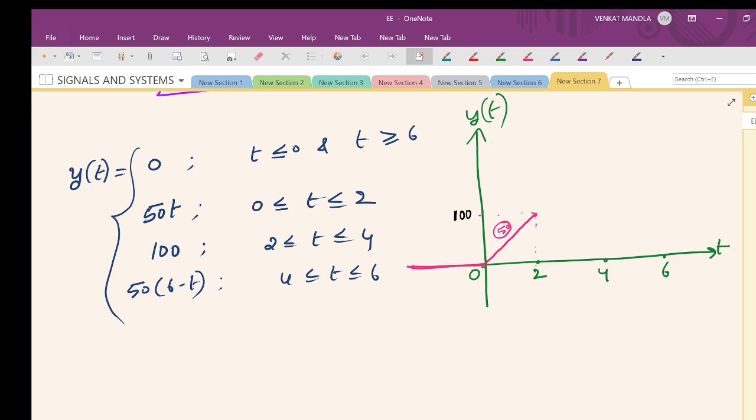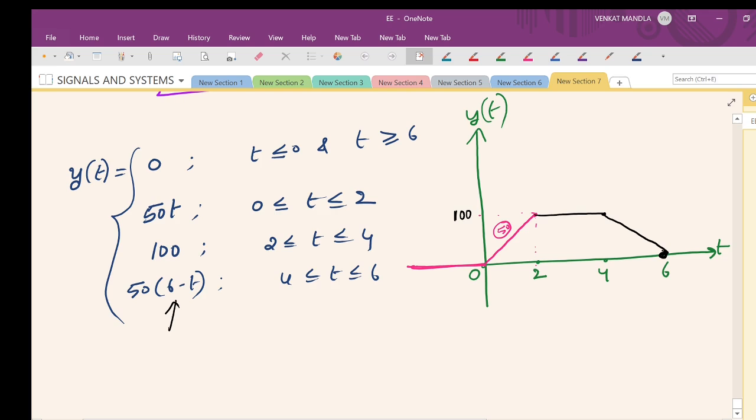Next, 2 to 4 it is constant, that is 100. And 4 to 6, it is 50 into 6 minus t. Substitute t equal to 6 here, you will get 0, right? 6 minus 6 is 0.